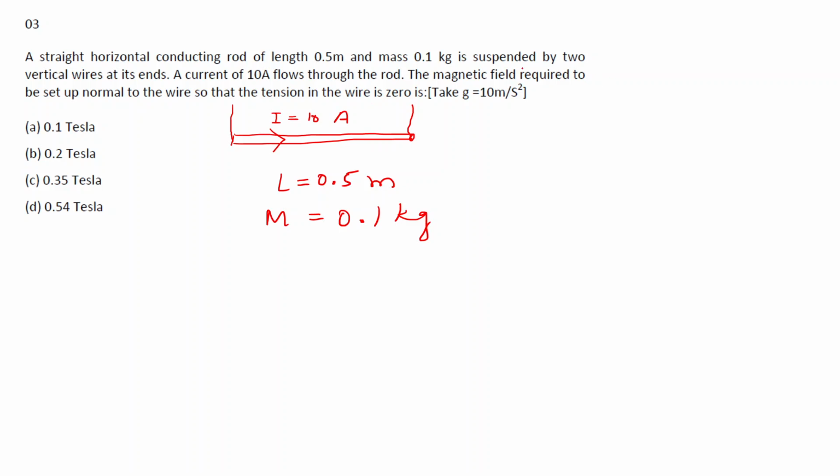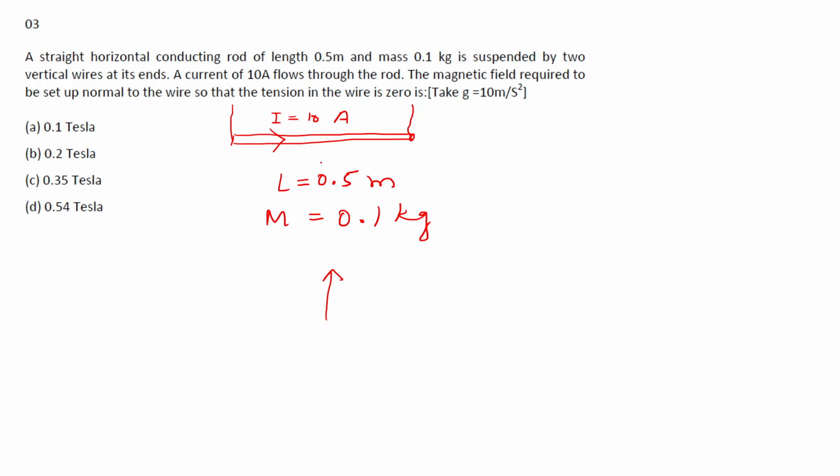The magnetic field required to be set up normal to the wire, okay, normal means perpendicular to the wire, so that the tension in the wire is 0. We know, because of weight of this rod which is suspended with 2 ends on these wires, there is tension in the wires.